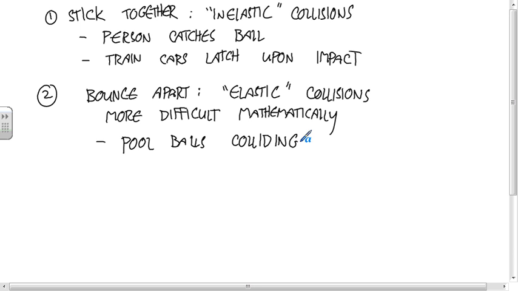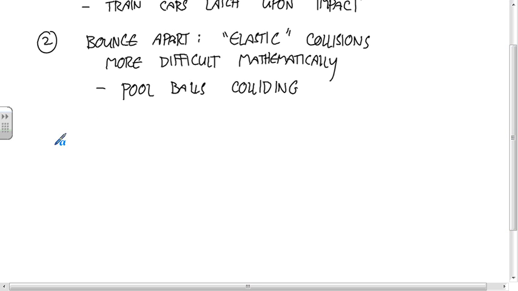They hit together, they deform and bend, but eventually they spring back into their normal shape, and all that energy sends them flying away. Okay, so the first case that we're going to deal with is inelastic collisions.